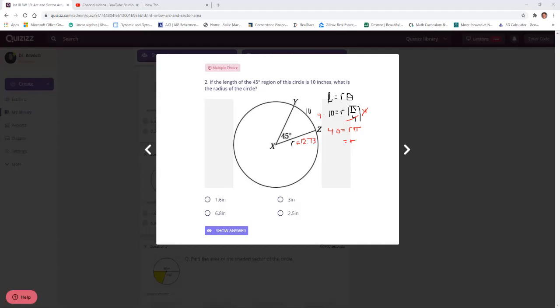And if I multiply 12.73 times pi over 4, I get 9.998, which is 10. Therefore, the answer is 12.73. So Quizizz, as we have seen, is not perfect, but we were able to correct it and check our response.